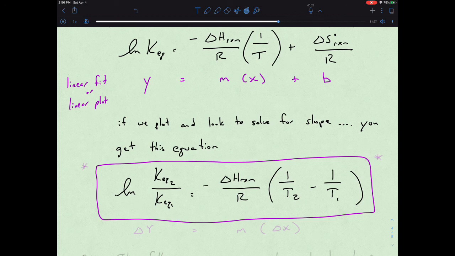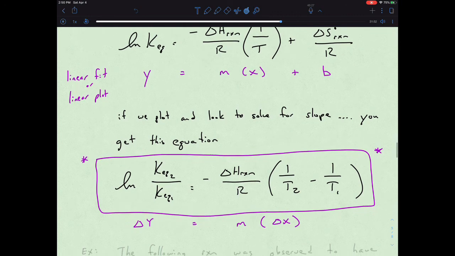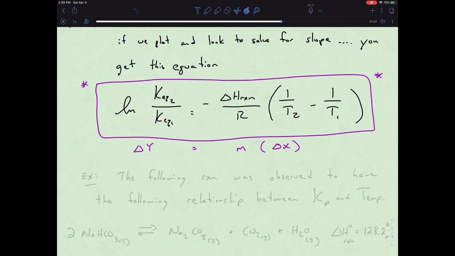This is the equation that we tend to use a lot, this kind of delta idea, where we have our delta y, here is our slope, and then we have delta x on the other side, because delta y over delta x is the slope for a particular linear plot. That's the expression. We've utilized this expression, obviously in different specifics as far as rate constants or vapor pressure, but mathematically it's really the same as far as natural logs, 1 over temperature.